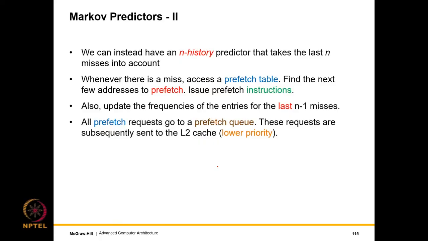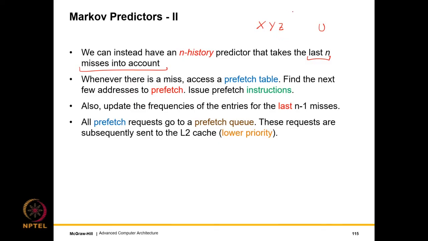Markov predictors, part 2. Instead of having a single history predictor, we can have an n history predictor that takes the last n misses into account. This will just complicate our table. It will say that if misses are to x, y and z, where x, y and z stand for 3 different addresses, then the next miss will be to line u.